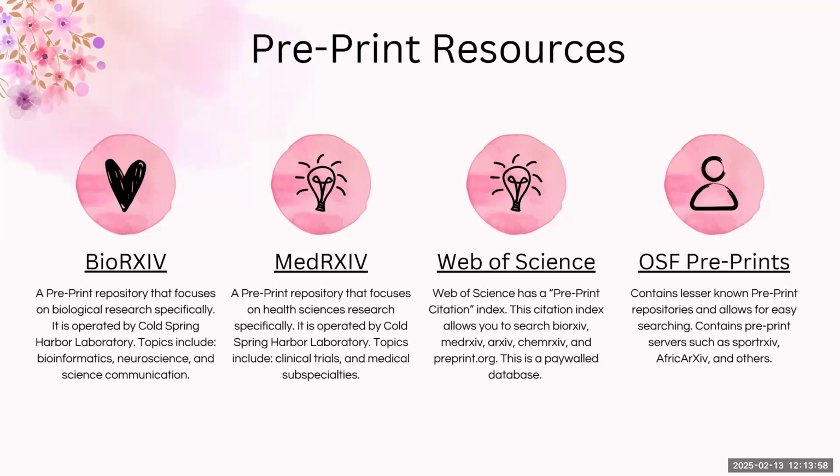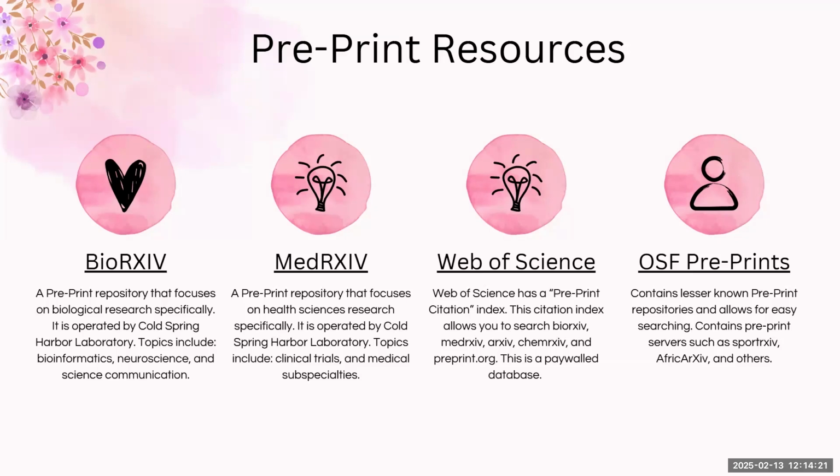An index is simply a collection of articles or preprints. This allows you to search bioRxiv, medRxiv, arXiv, and chemRxiv. arXiv is like physical sciences, physics, chemistry, and then chemRxiv is also chemistry, as well as Preprints.org.